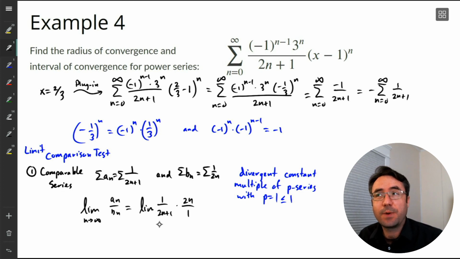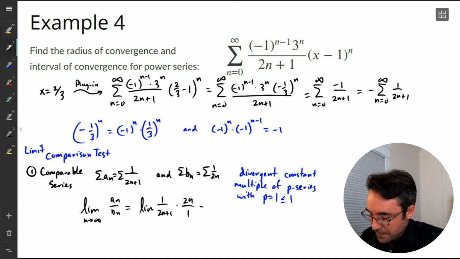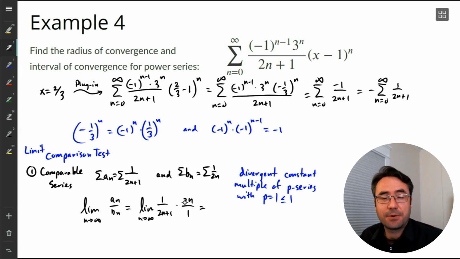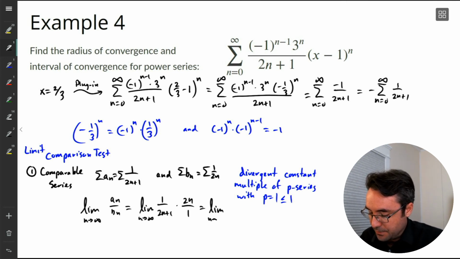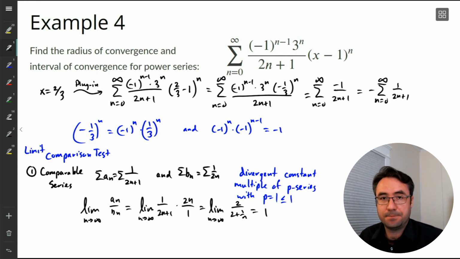This is one of our rational expressions. So we can consolidate and then divide by the highest power of n in the denominator, our usual standard method here. And so we end up with 2 over 2 plus 1 over n, which ends up being 1.